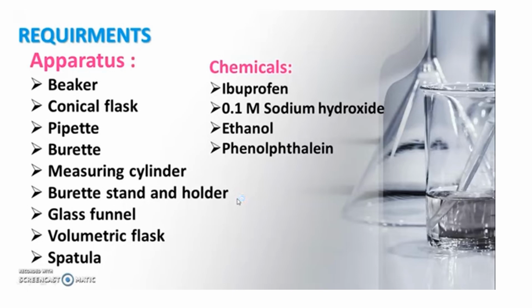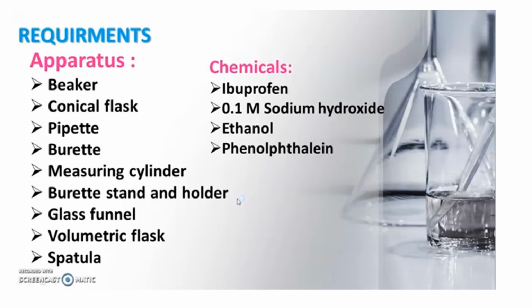It is possible to use any funnel, a plastic funnel also, but a glass funnel is preferable. The volumetric flask is used for preparing a solution, especially a standard solution. And the spatula is used for taking the pellets of sodium hydroxide from the container to the weighing paper during measuring the weight or sample preparation.